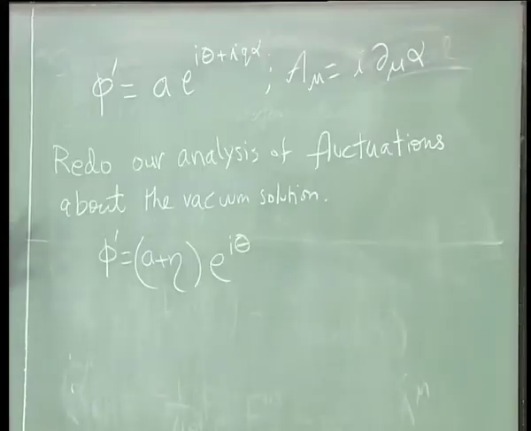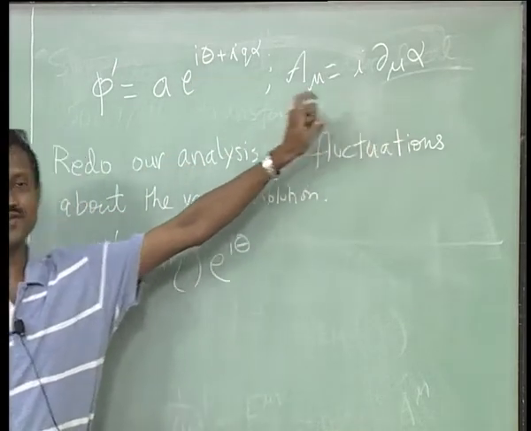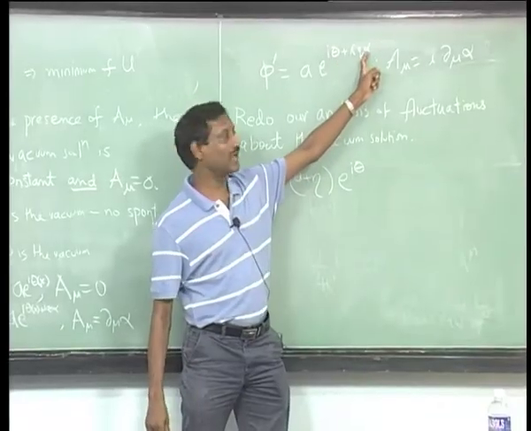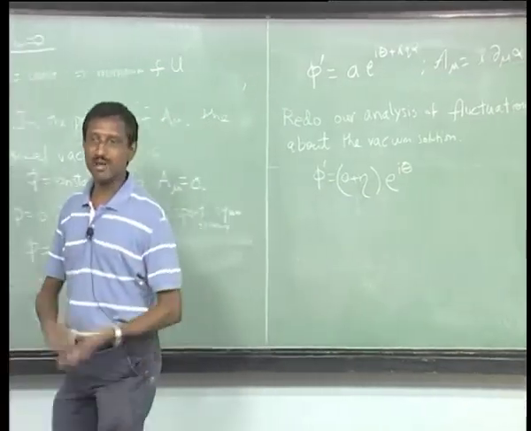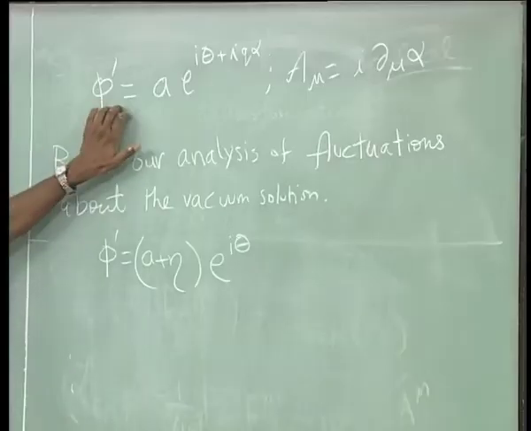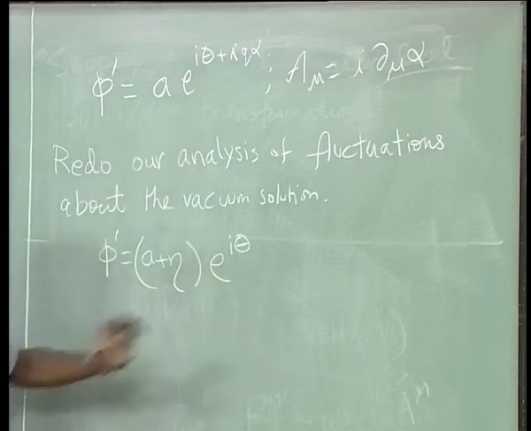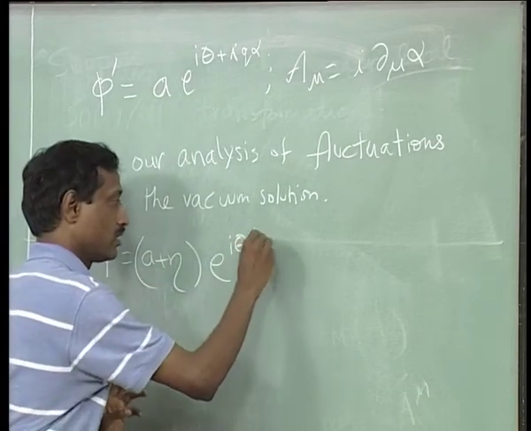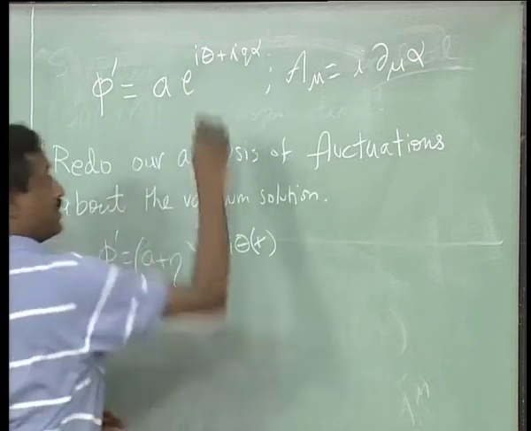First step is that you can see that if theta were some constant, I can always eat up the phase of it by shifting alpha, and a mu will continue to remain 0. I can keep making global transformations such that I reach phi prime with the phase becoming 0, but now when I am doing fluctuations I will write theta as a function of x, but nevertheless I can still have this gauge degree of freedom.